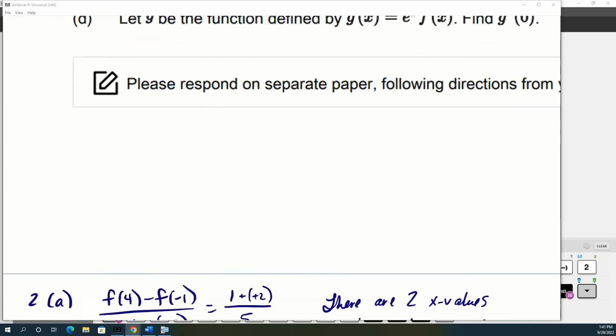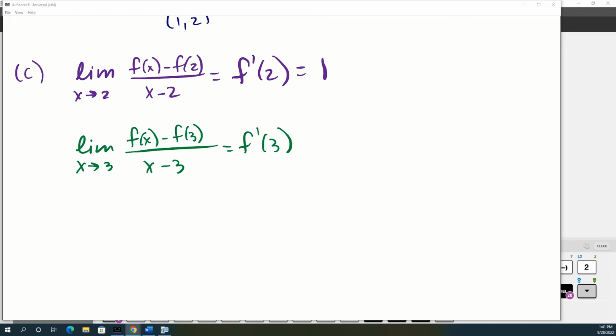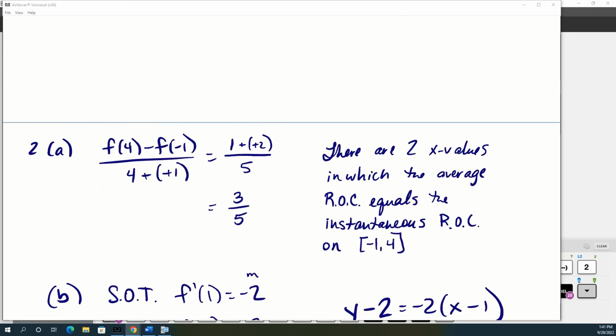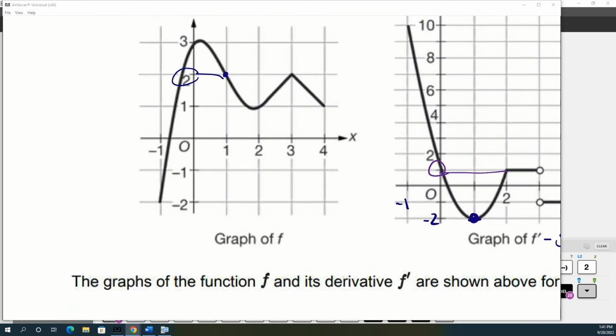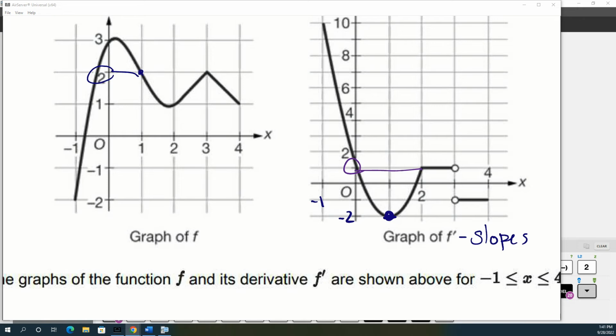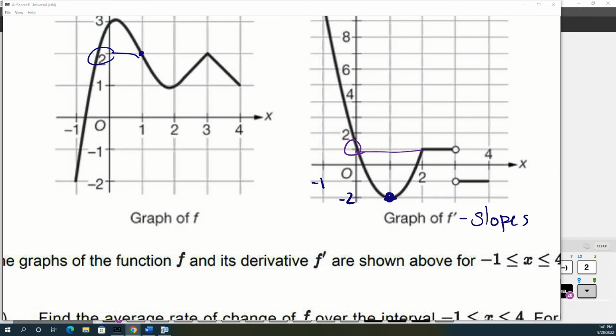So that limit does not exist, or that derivative does not exist. So that must mean the function is not differentiable there. So let's look and see what's going on with the function when x is 3. You can see when x is 3, we have this sharp turn. That's going to make this function not differentiable there. That's why you have those two open circles on the derivative.